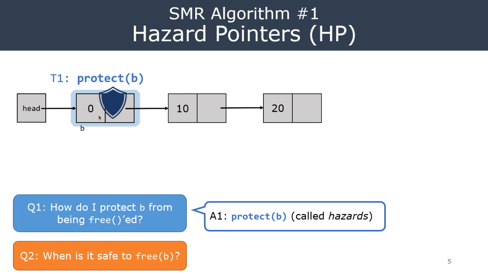And hazard pointers' answer for Q1 is calling protect B, which in turn is writing it down in its own list of protected pointers. These protected pointers are also called hazards, because they are hazards to reclaiming those blocks. That's the reason why this technique is called hazard pointers. It is synonymous with the phrase protected pointers, and historically it is usually called hazards.